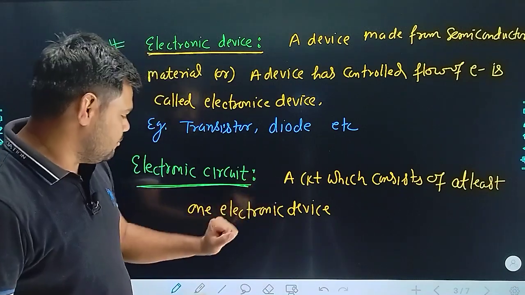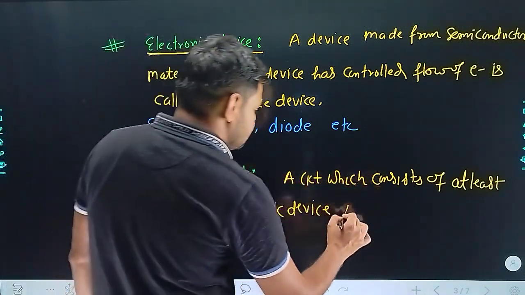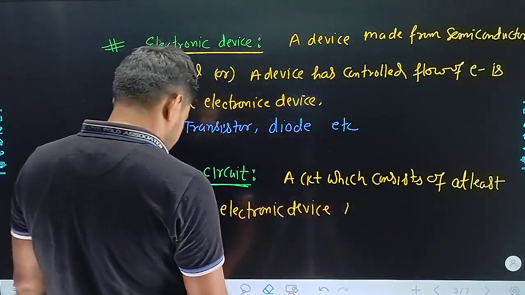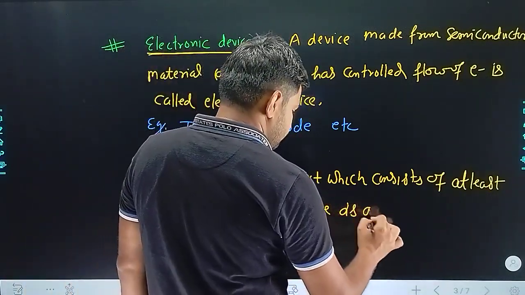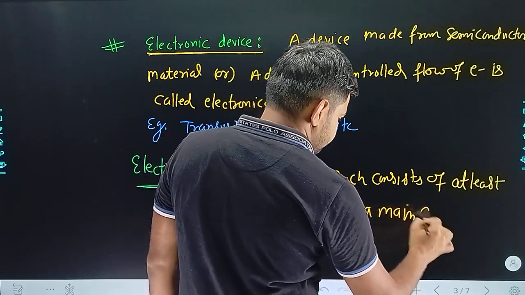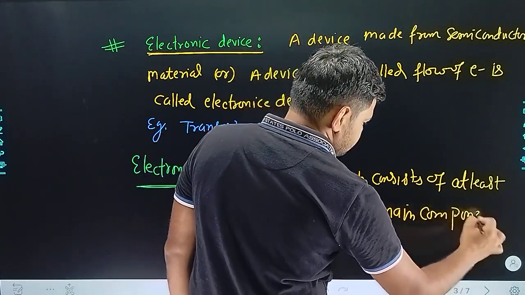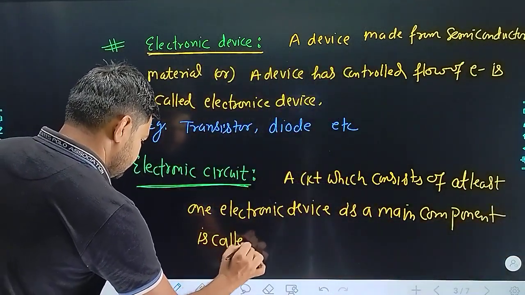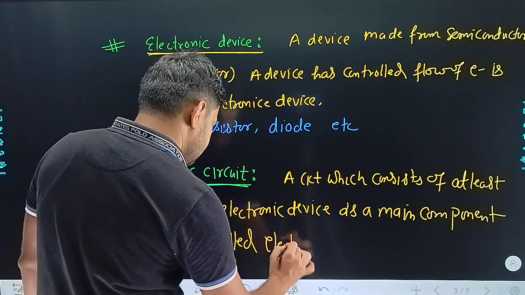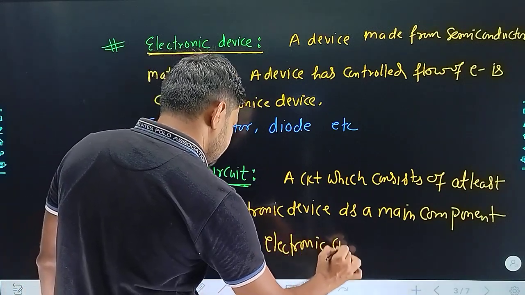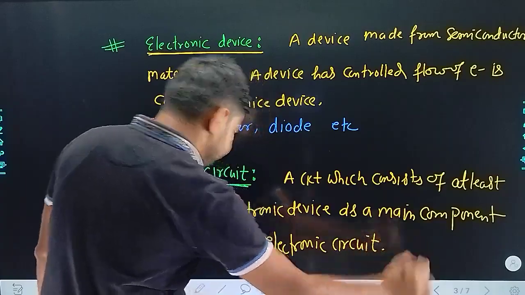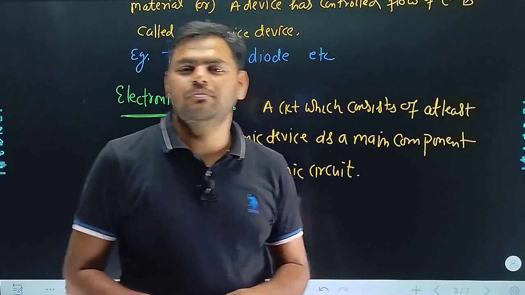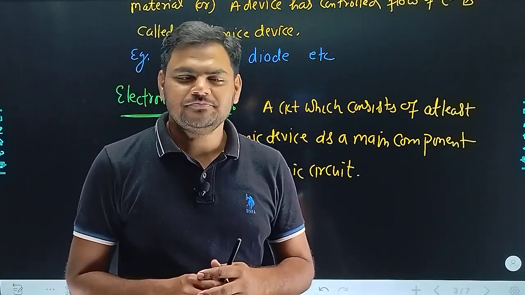Okay, at least one electronic device as a main component is called electronic circuit. What is it called? Electronic circuit. A circuit which consists of at least one electronic device as a main component is called electronic circuit.